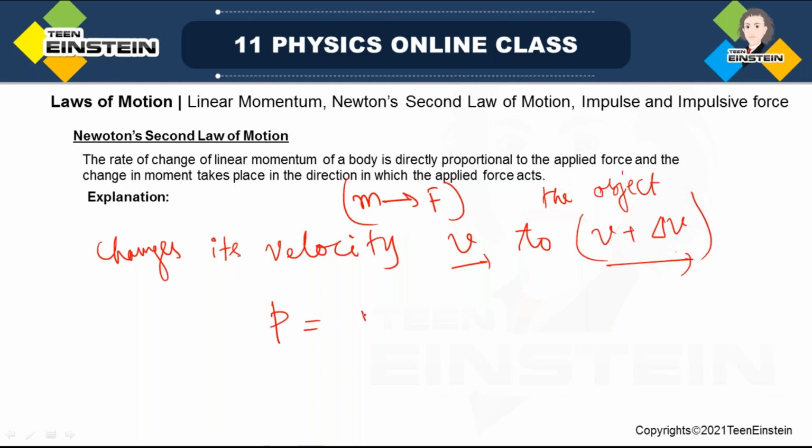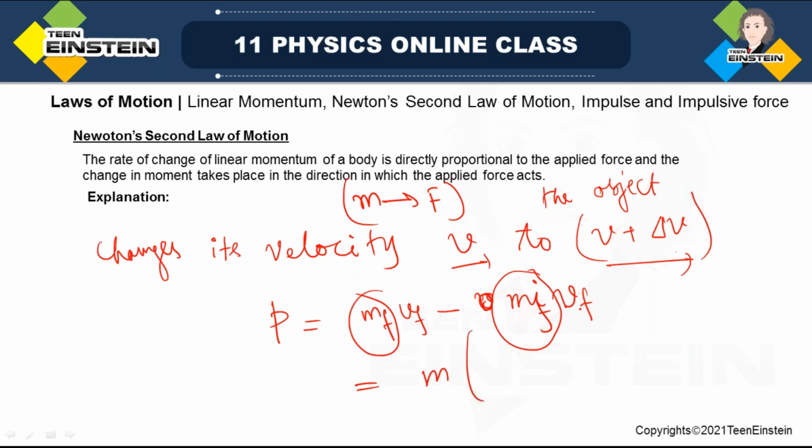Change in the momentum means m final times v final minus m initial times v initial. Anyway, mass remains constant in any kind of motion, so you just leave that as m. So it is m times (v final minus v initial). This is the change in the momentum.